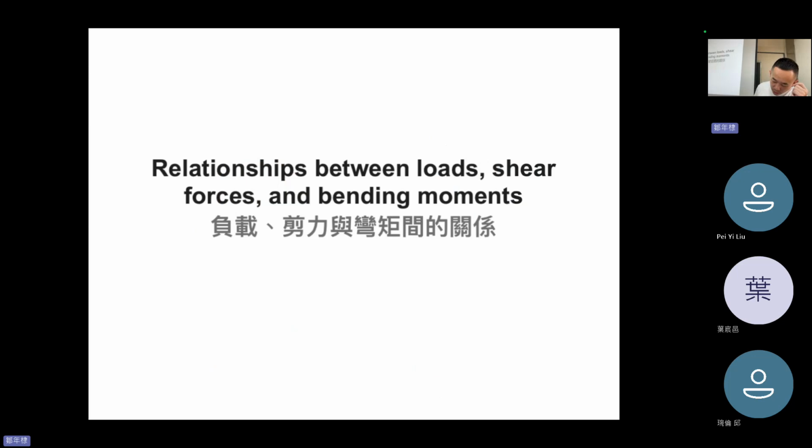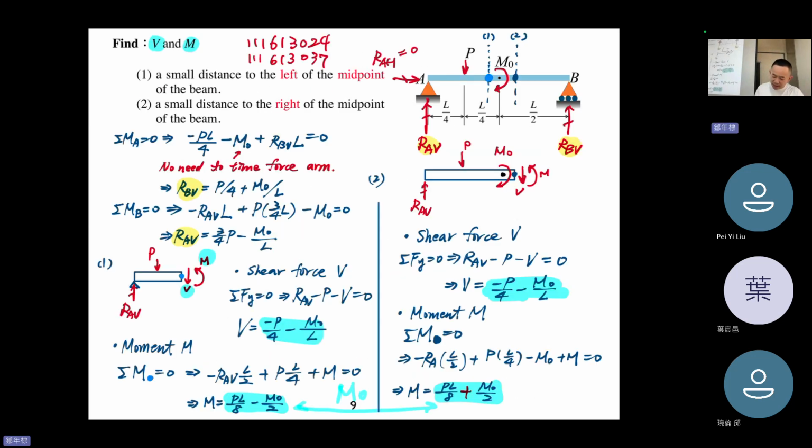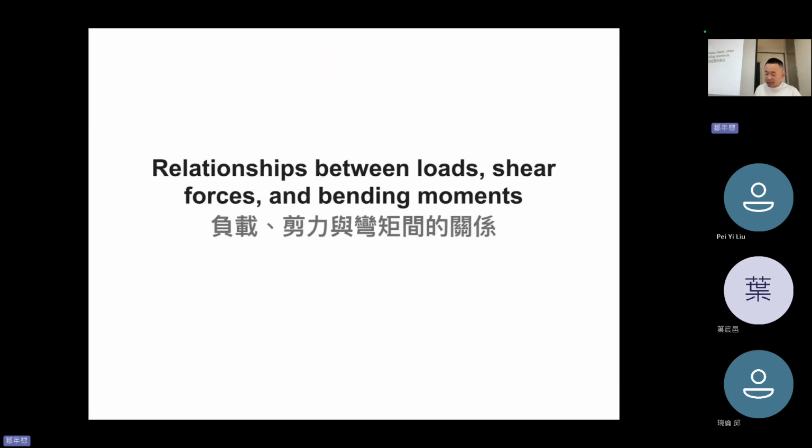So let's take a look. What is the relationship between loads and shear forces and bending moments? All right. So you just see how the external load will change the internal shear and moment in the material. So let's take a systematic way to see that.